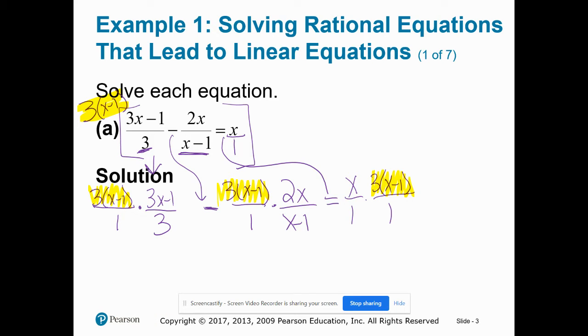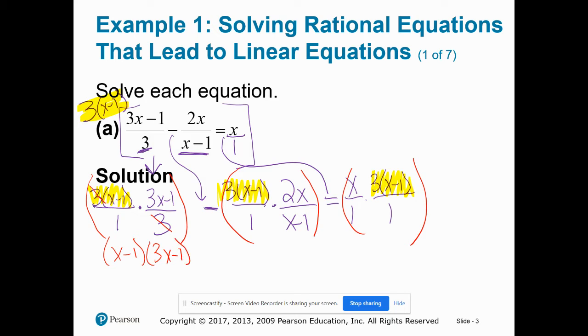The reason why we do that is because when we're multiplying fractions, so I'm looking at this, and this as 3 separate pieces. When we're multiplying fractions, we can cross reduce. And so if I look top to bottom here, we can cross out this 3. That leaves us with x minus 1 times 3x minus 1.